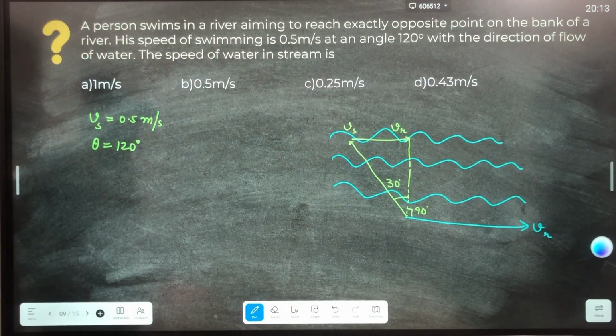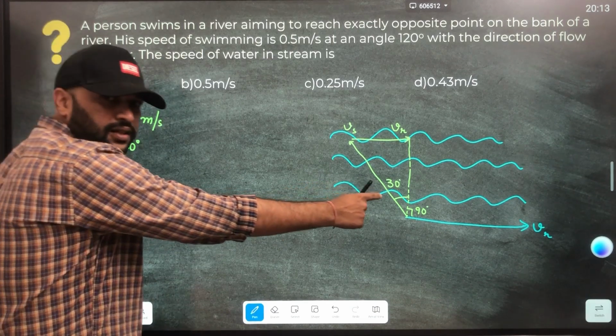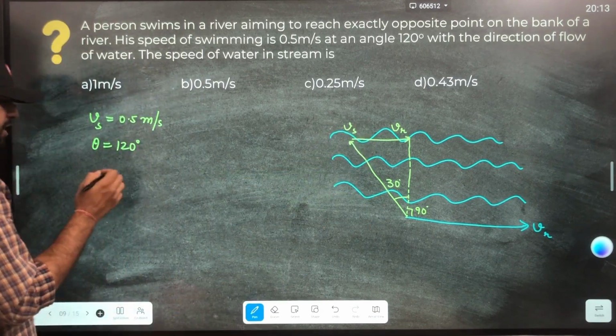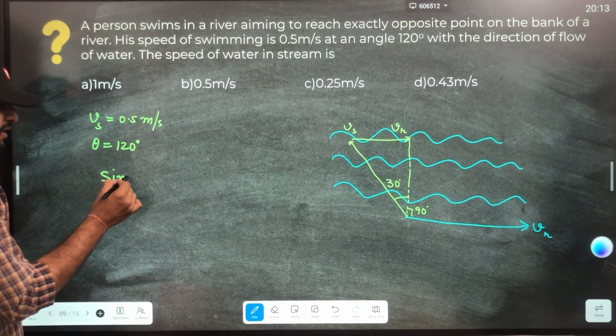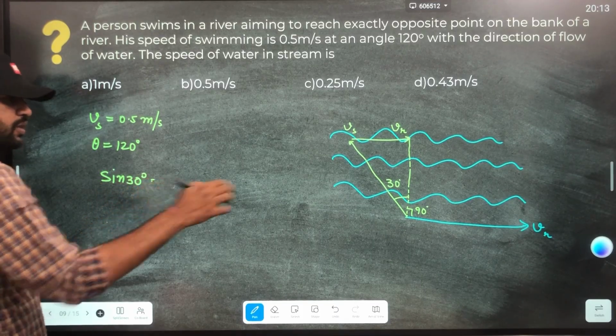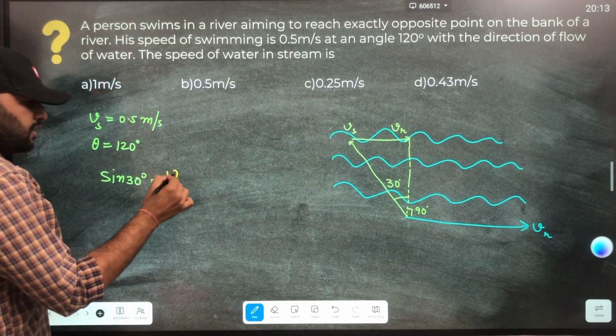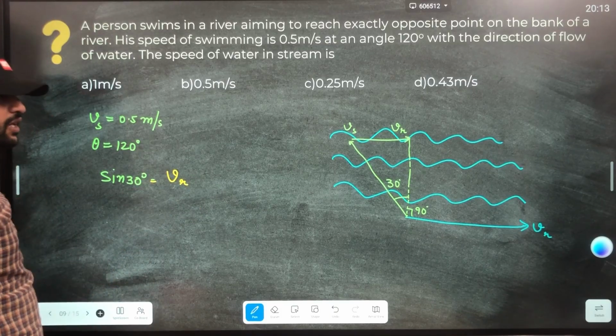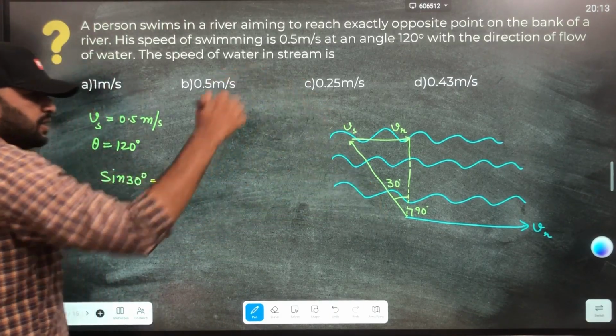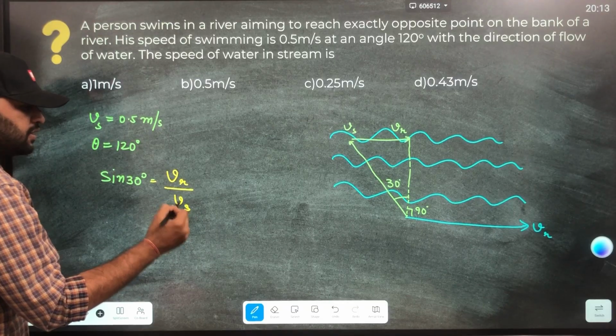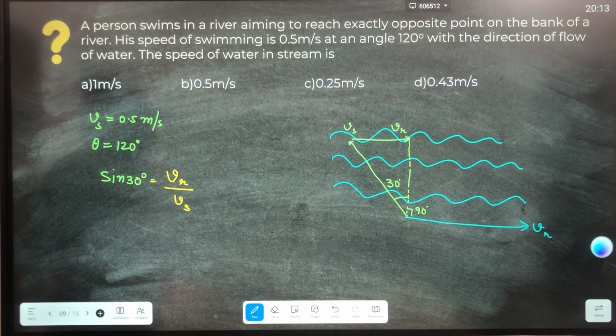So if that angle is 30 degree, we can use sine 30. Sine 30 will be equal to perpendicular over hypotenuse. What's the perpendicular here? VR. We have done one problem before. And the hypotenuse is the velocity of swimmer, which is given in the problem.